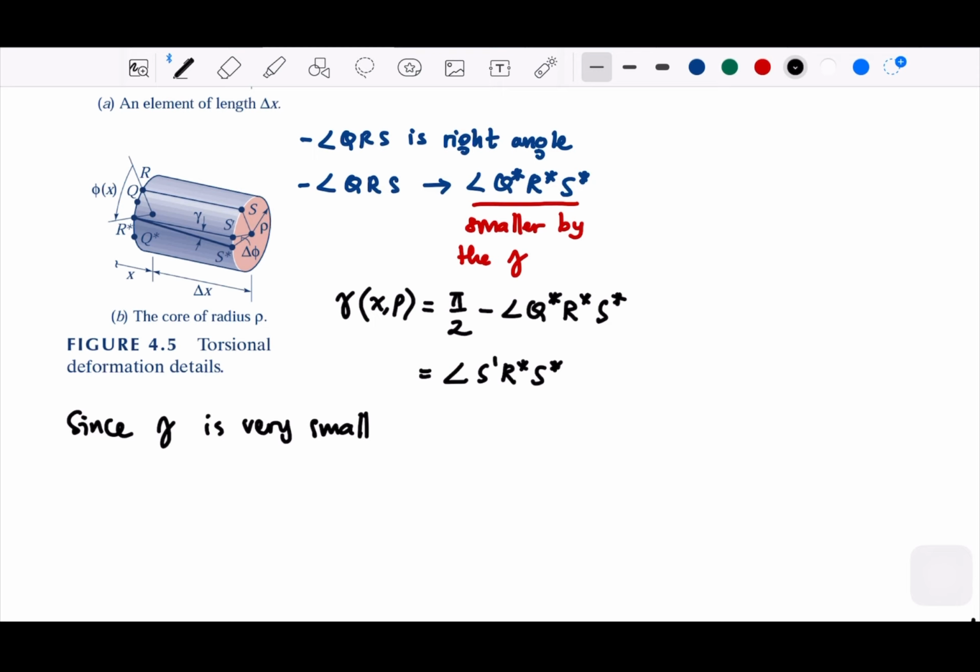So we can approximate using tangent. Because basically, if you see a triangle, then we can take this angle and compare this length and this length to make a tangent.